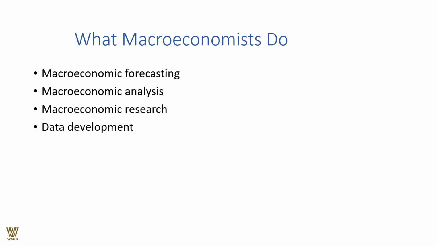So macroeconomists forecast based on their analysis, their research, and the data development. Macroeconomics would always be looking at a holistic picture, right? And it will not take individual cases into consideration as microeconomics would.